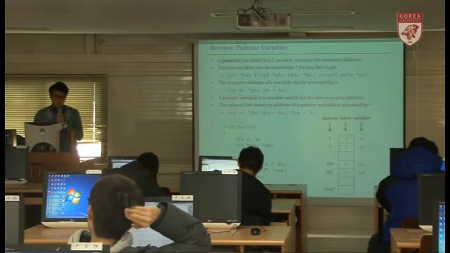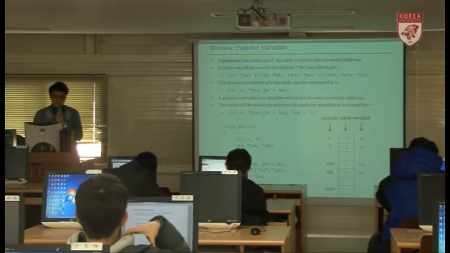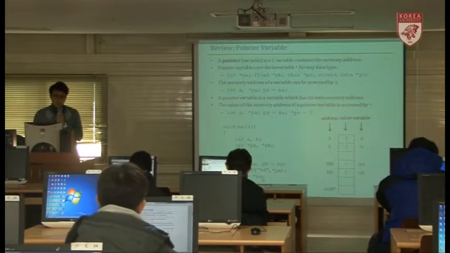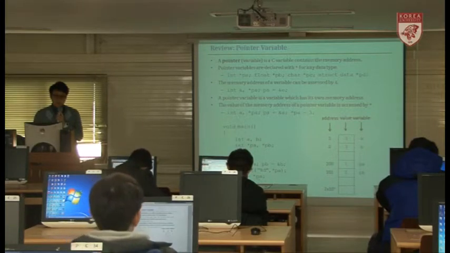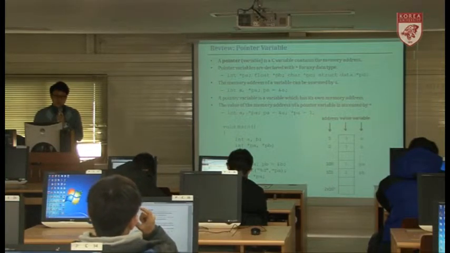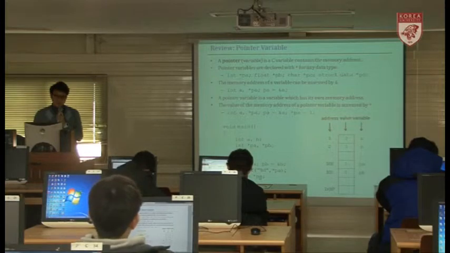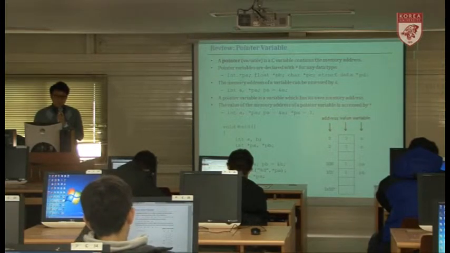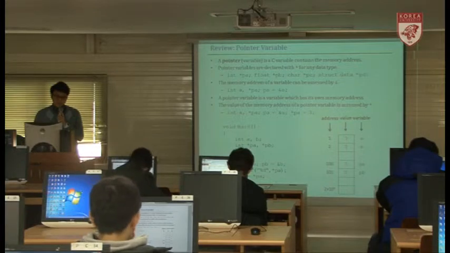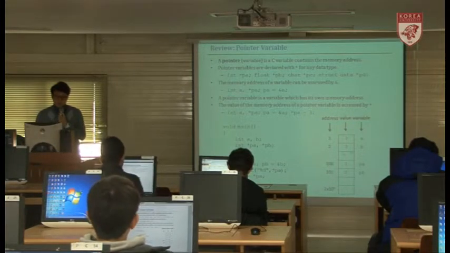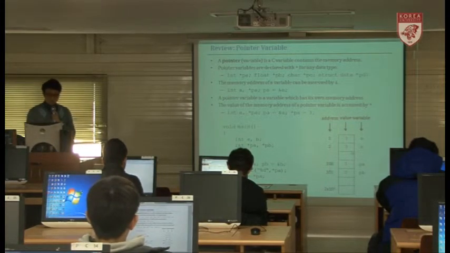Similarly, when we say asterisk PB equal to asterisk PA, we read the value at PA with this asterisk, and the value is 3. Then we store this value 3 to asterisk PB. That means the memory space whose address is PB, that is B. So B's value becomes 3.